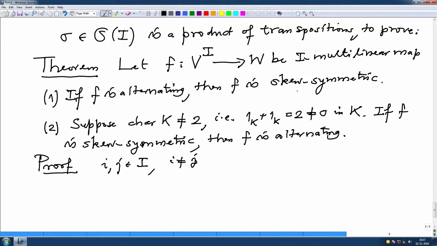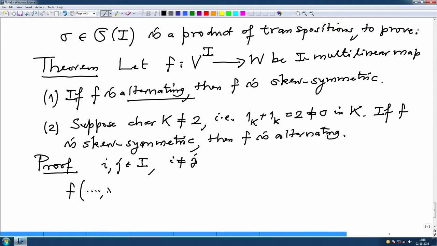Recall the definition: alternating means if two coordinates are equal, then the values are 0. So, if f is given to be alternating, look at f, keeping the coordinates the same other than the ith and jth coordinate.